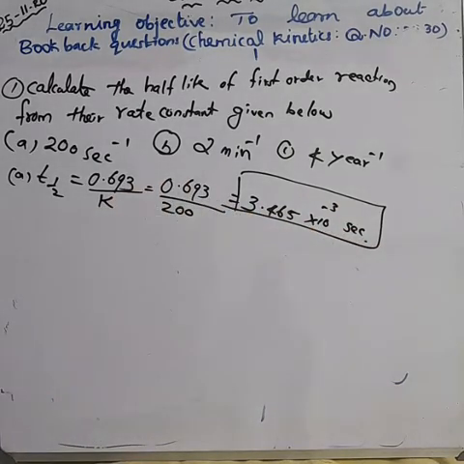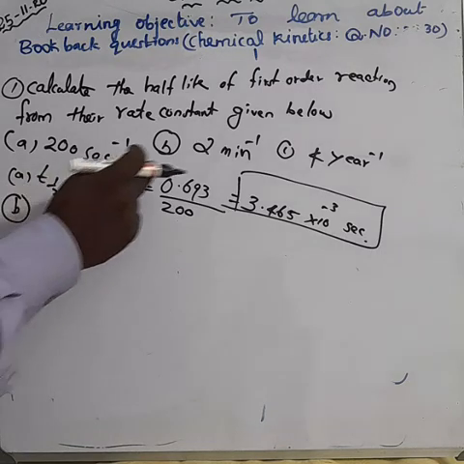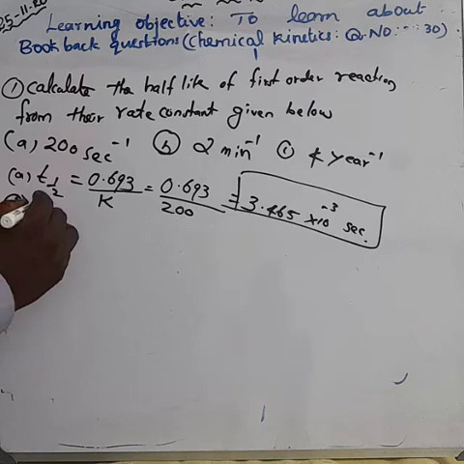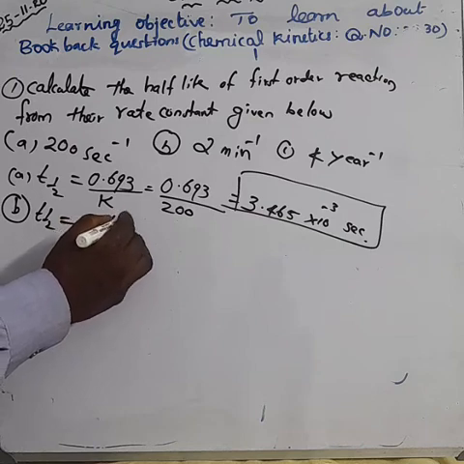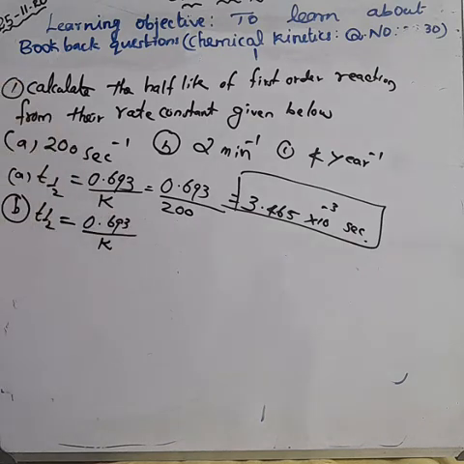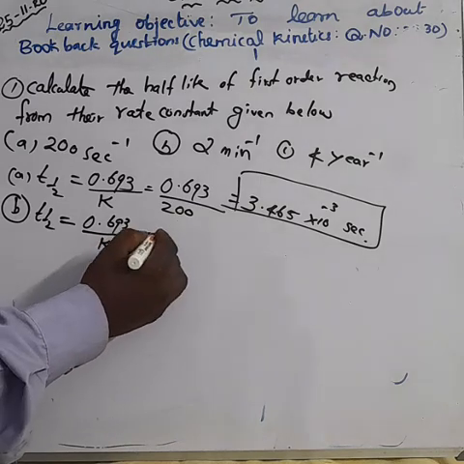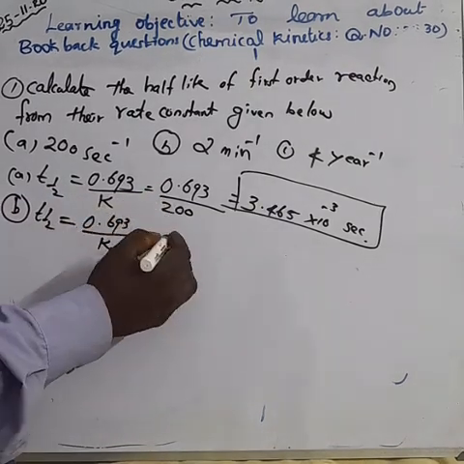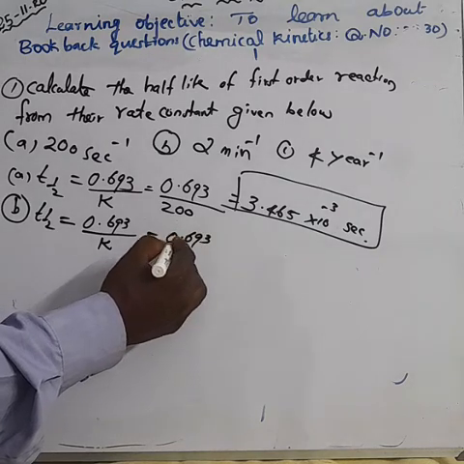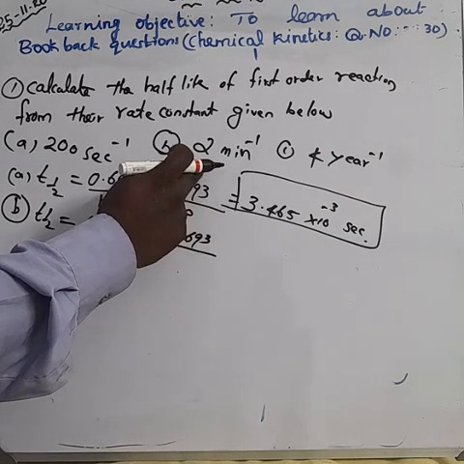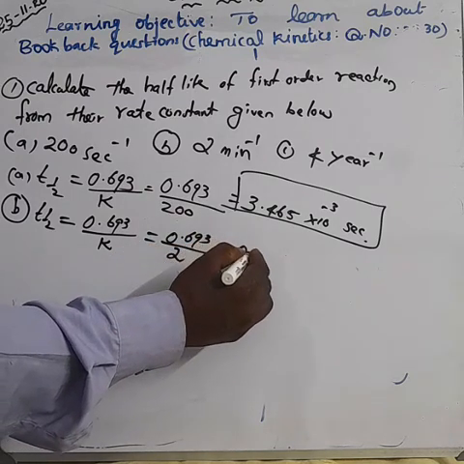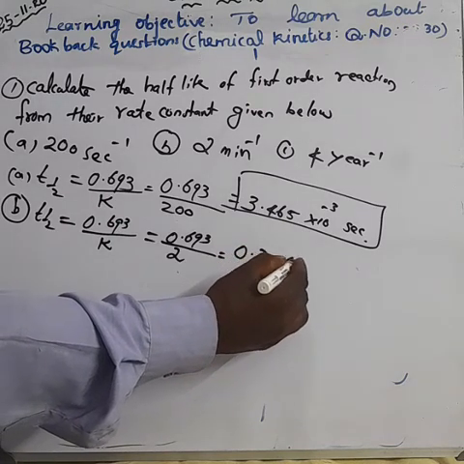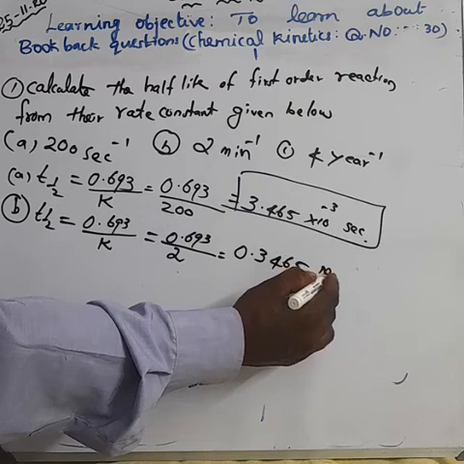Okay, this is another small problem. Again, this is a two mark question. Then we calculate the half-life for the rate constant 2 minutes inverse. T half is equal to 0.693 divided by k. First you write the formula, then you substitute. 0.693 divided by 2 minutes is approximately equal to 0.3465 minutes.